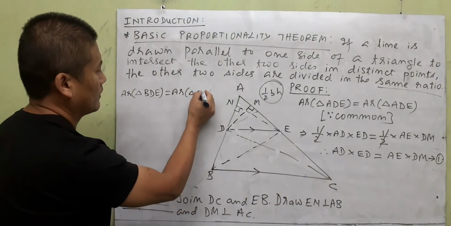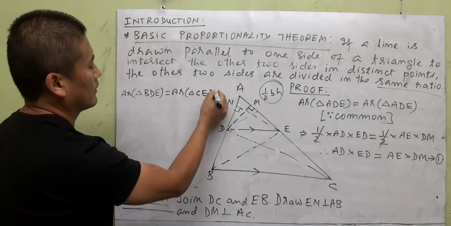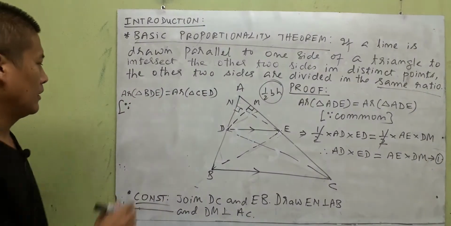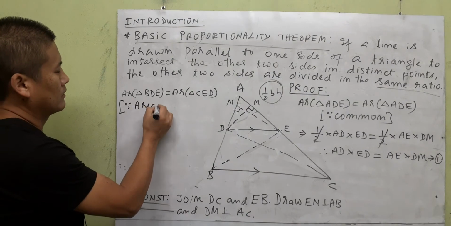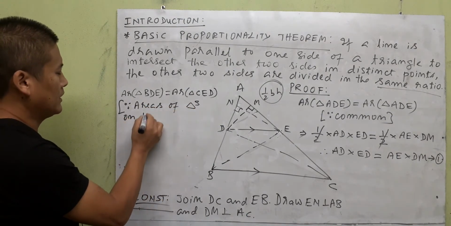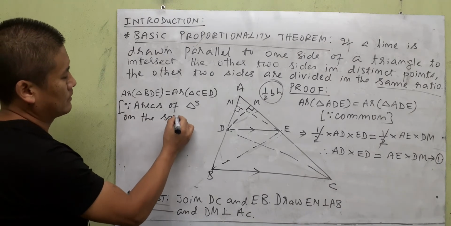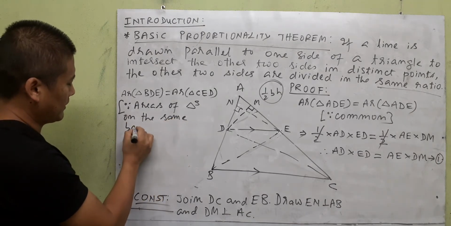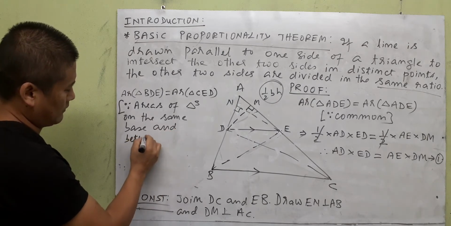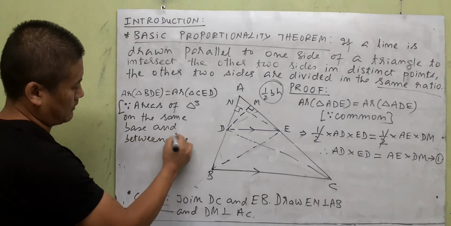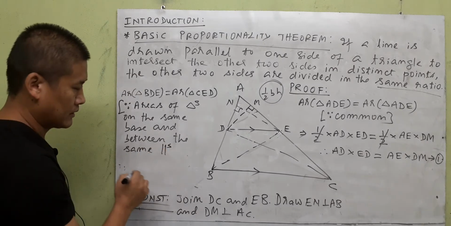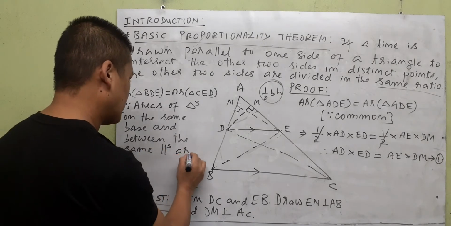We will explain why. Now the area of these two triangles are equal because areas of triangles on the same base and between the same parallels, meaning parallel lines, are equal.